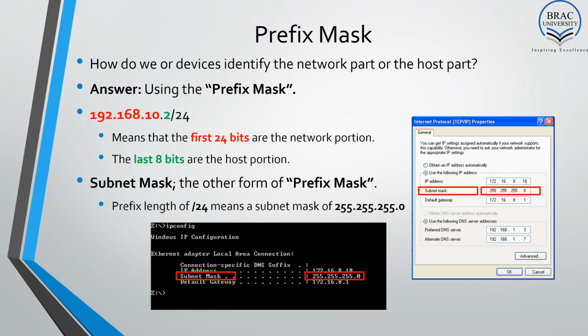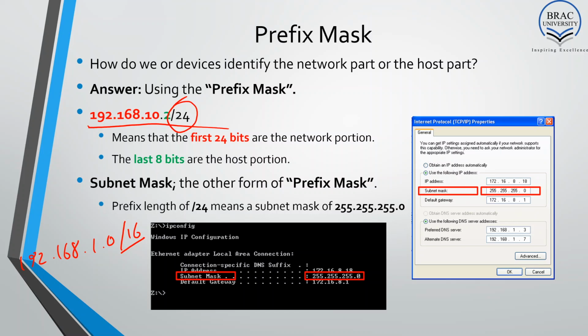On this line, we have an IP address 192.168.10.2, and using a slash we added 24. This 24 signifies that the first 24 bits are network and the rest are host. If it was 192.168.1.0/16, it means 16 bits are network and the remaining 16 bits are host.